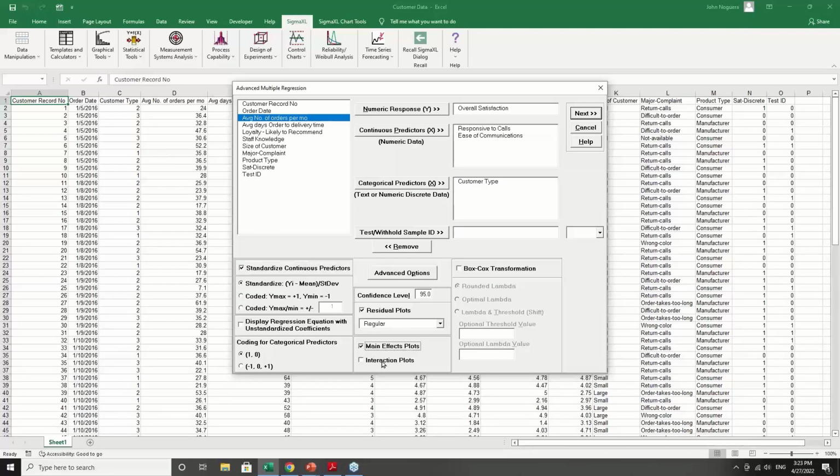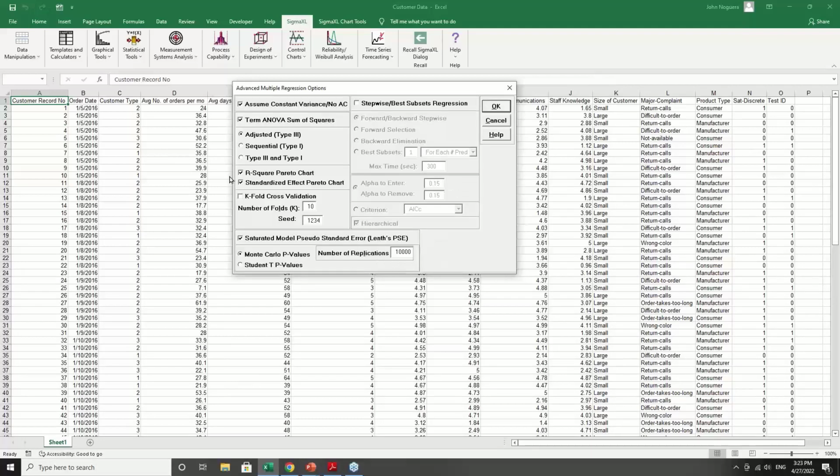I'm going to add a main effects plot and interaction plots. I'll go into options. I'm going to include my k-fold cross-validation. I'm going to stay with type 3 sum of squares. I'm going to assume constant variance. I am going to run stepwise regression, and I'm not going to use forward-backward stepwise, which I said was included for legacy. Here's your alpha to enter, alpha to remove. Similarly, if you go to forward, you can specify your alpha to enter.